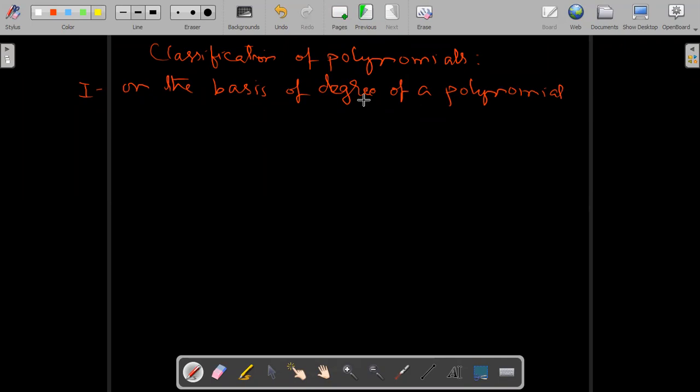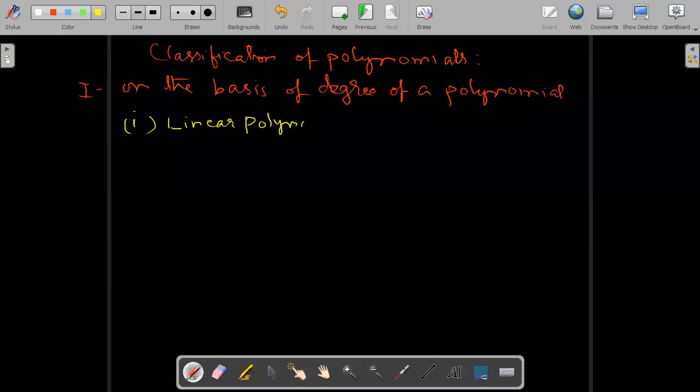On the basis of degree of the polynomial, number one, it is the linear polynomial.